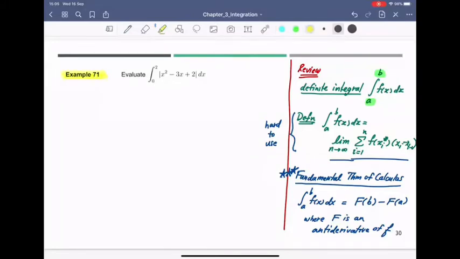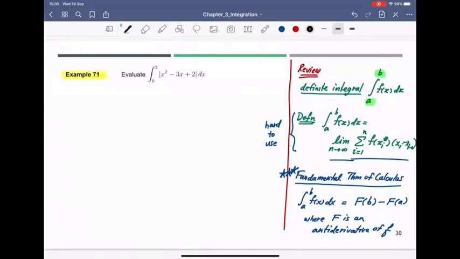In example 71, I want you to compute the integral from 0 to 2 of the absolute value of x squared minus 3x plus 2. Every time you see an absolute value, I would recommend you get rid of the absolute value first.